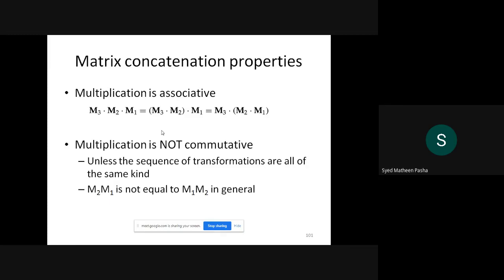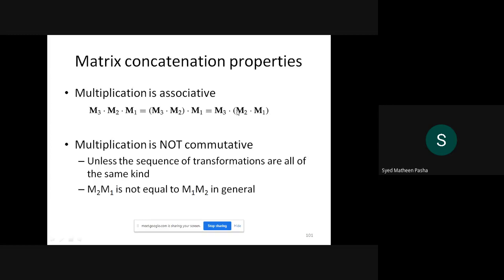For example, if I take three matrices M1, M2 and M3, the product of the three matrices can be performed by first multiplying M3 and M2 and then M1, or by first multiplying M1 and M2 and then M3, so that you will get different matrices there.